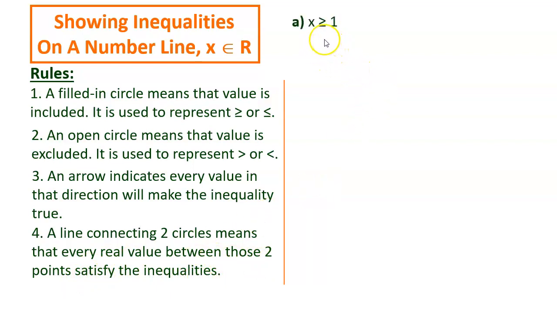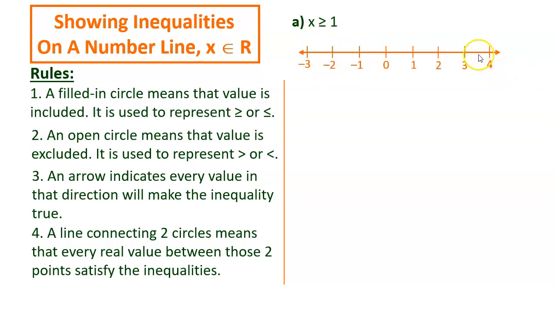The first example is x is greater than or equal to 1 where x is a real number. It can have any real number value which is greater than or equal to 1. So, we will be expressing this inequality on a number line.